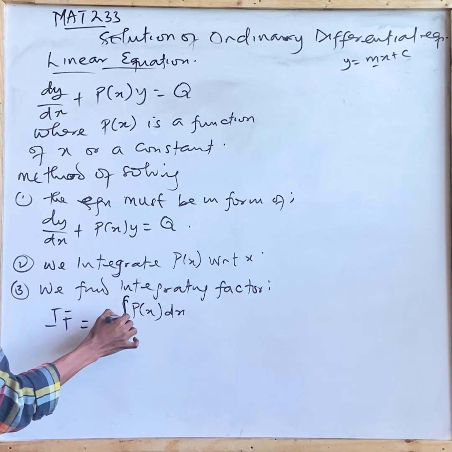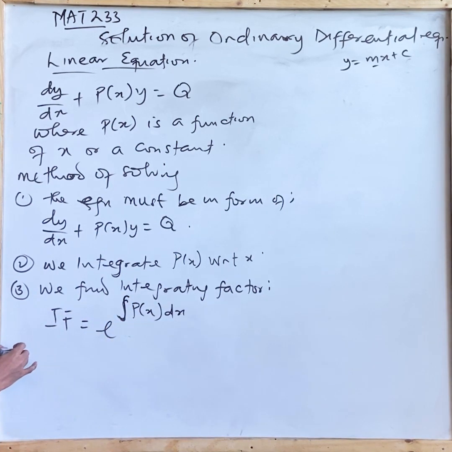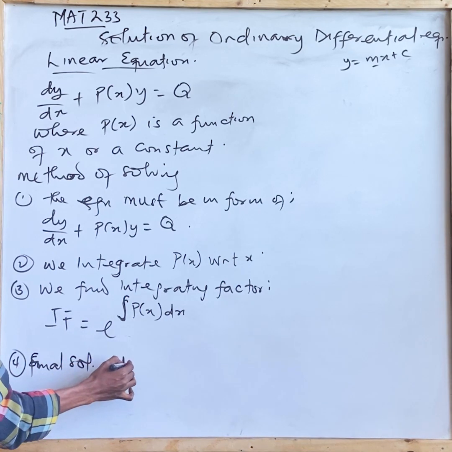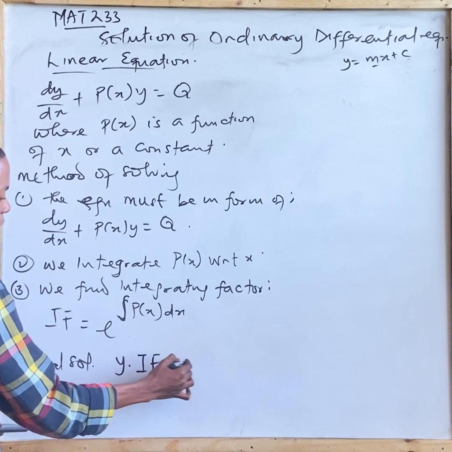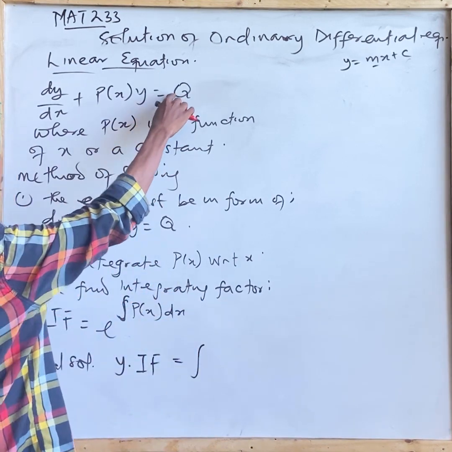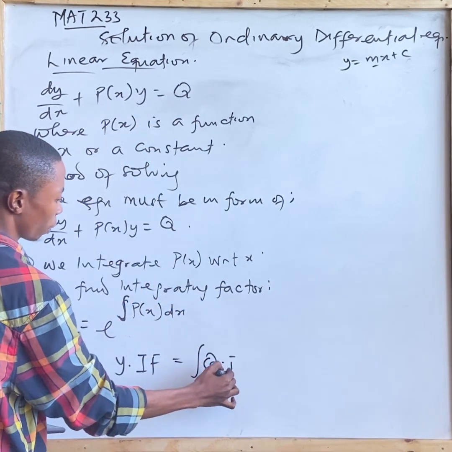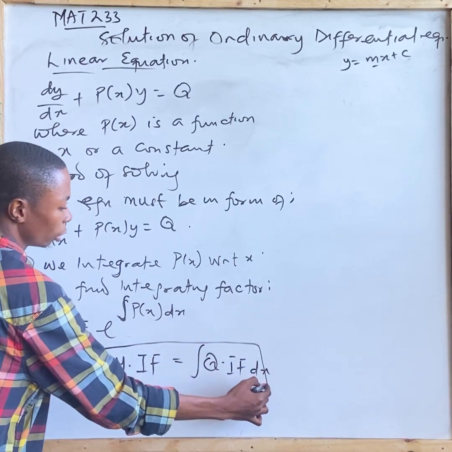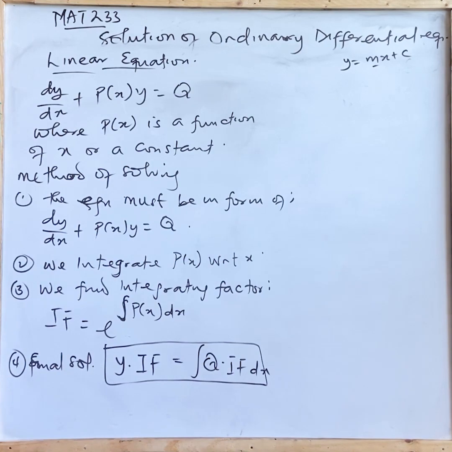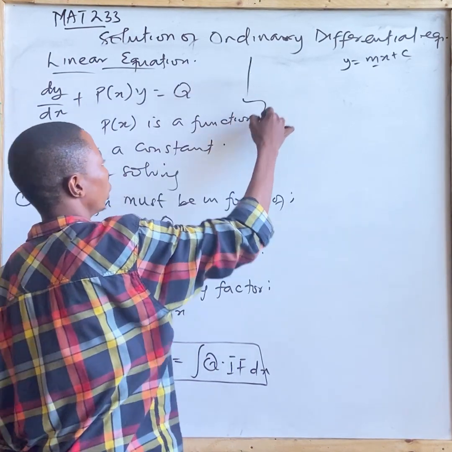Then the final solution is y multiplied by this integrating factor equals the integral of q multiplied by the integrating factor dx. So this is the final solution: y times the integrating factor equals the integral of q times the integrating factor.